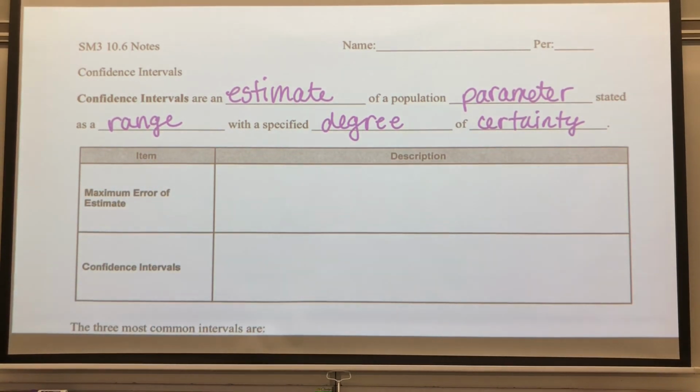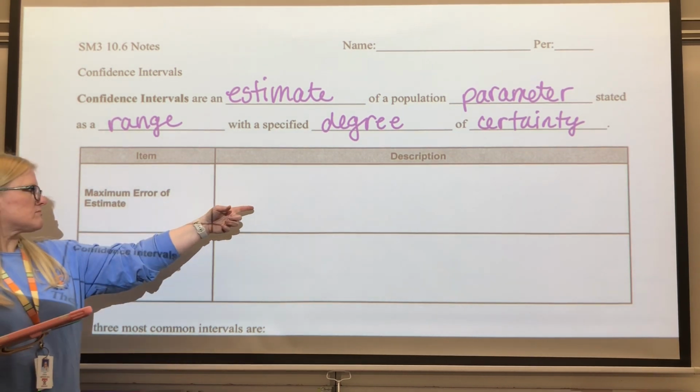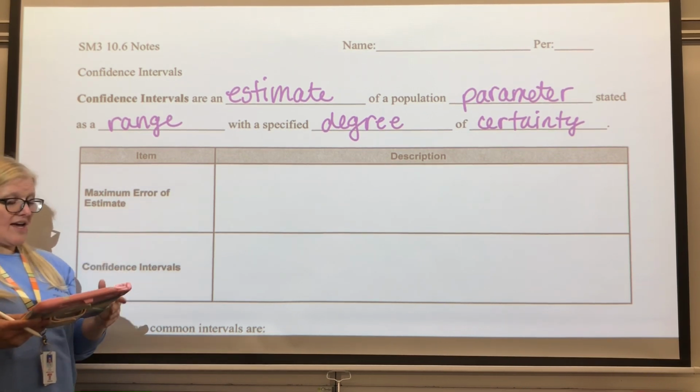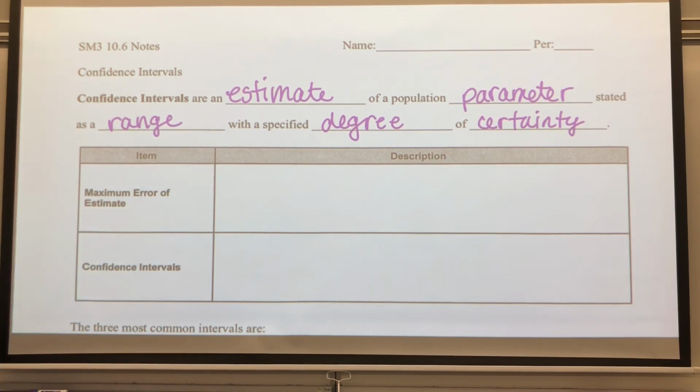So we have here the maximum error of estimate, which is a formula: E equals Z times S over the square root of N. Now in this case, Z is not the same thing as your Z score.